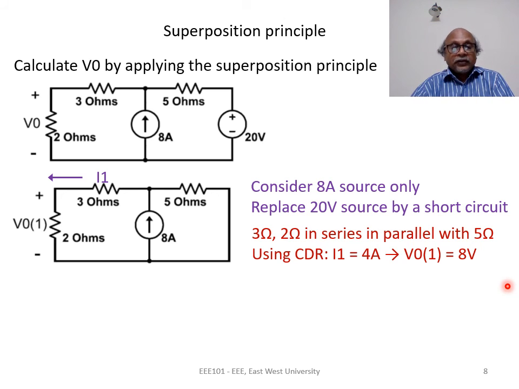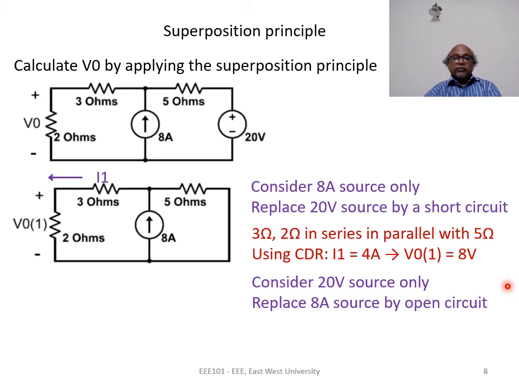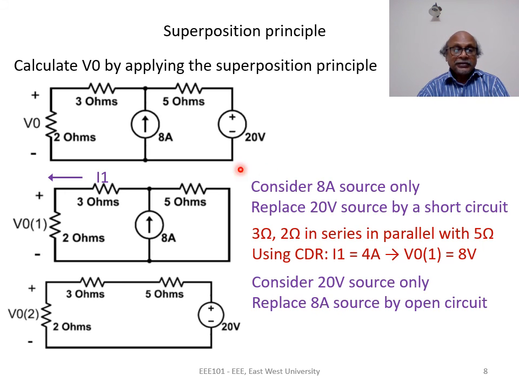Next, we consider the 20 volt source only. For that, we will have to replace the 8 ampere current source by an open circuit. This is the circuit we get. Now the voltage across 2 ohms is called V02. V02 is due to the 20 volt independent source only.